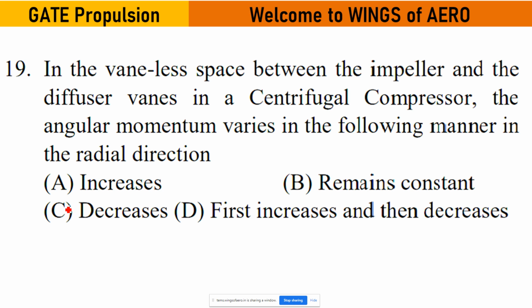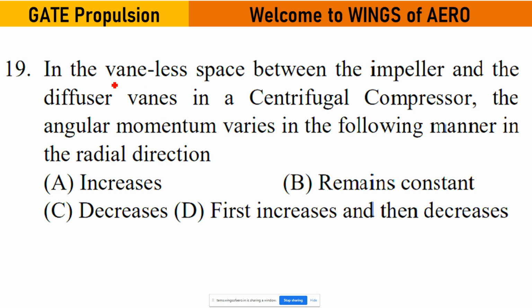In the vaneless space between the impeller and the diffuser vane in a centrifugal compressor, the angular momentum varies in the following manner in the radial direction. So you have the four options given, right? So tell me which is the correct one.